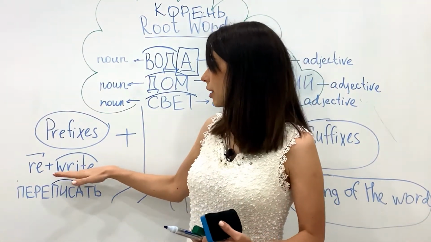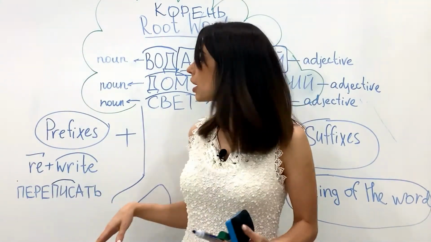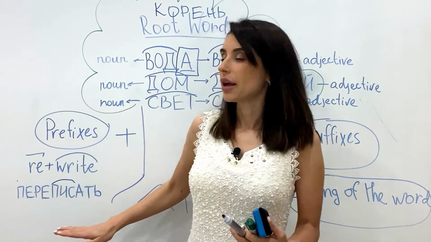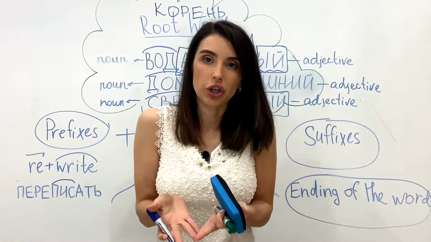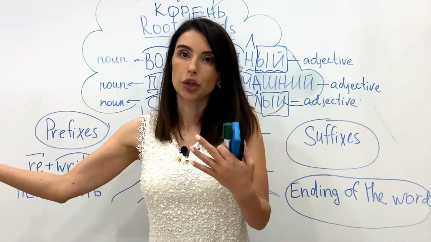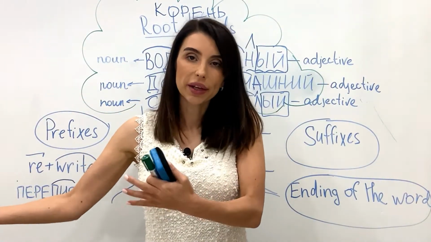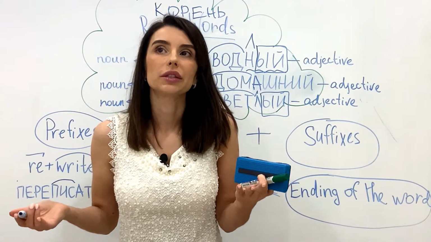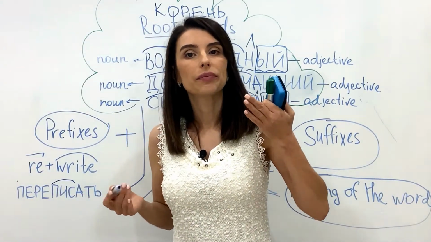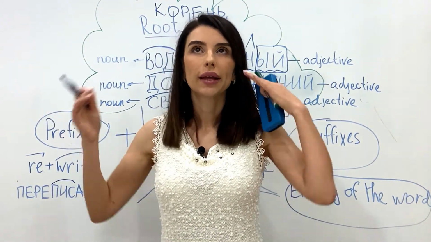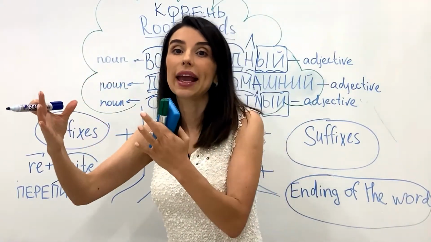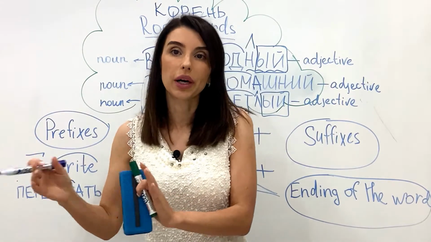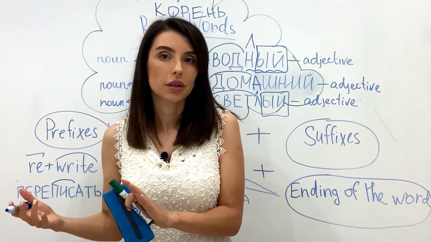So in rewrite, write is the корень, and in the word переписать, at first we try to find the root of the word, it's the корень. How can we find it? We try to find similar words and we can see what we have the same, what is the same part of similar words.